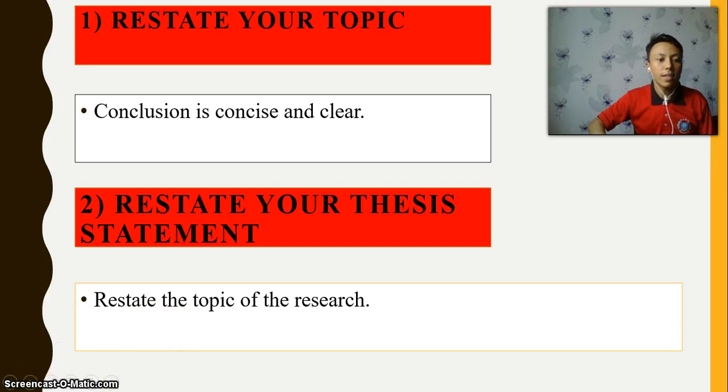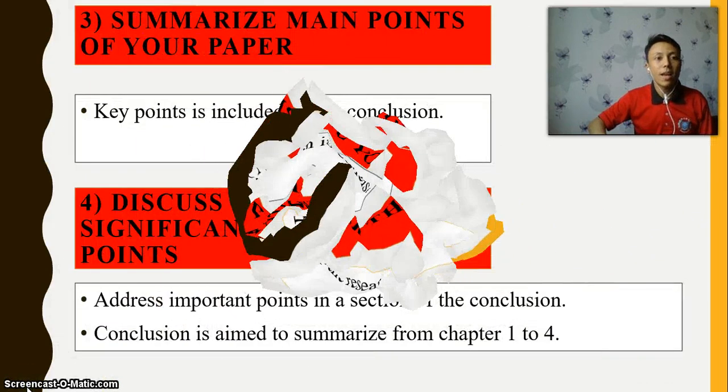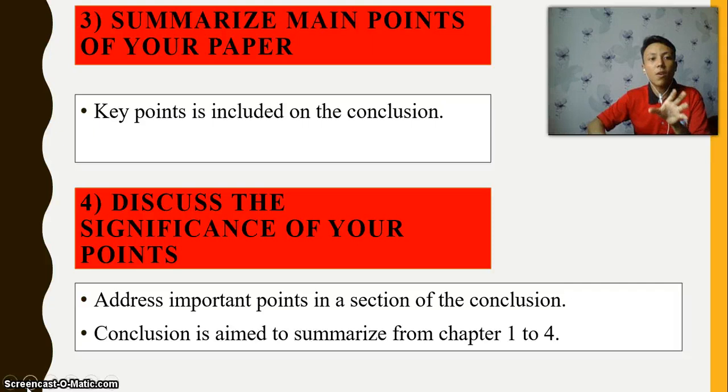Okay, the third one, summarize the main points of your paper. The key points included in the conclusion remind your readers of your key points. We suggest rereading the whole body of your paper, focusing on the most important arguments and facts.